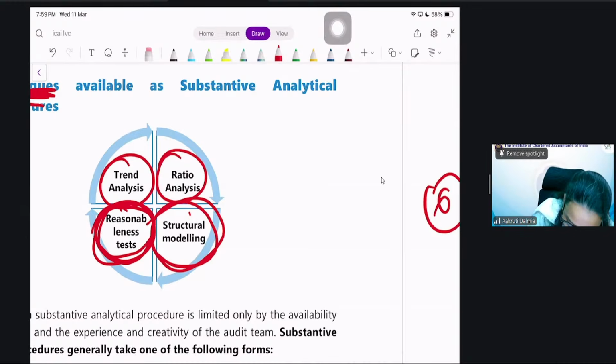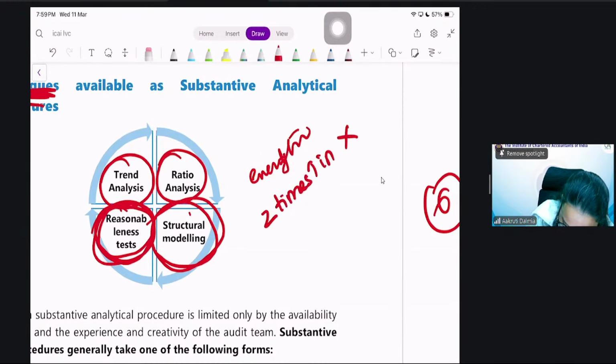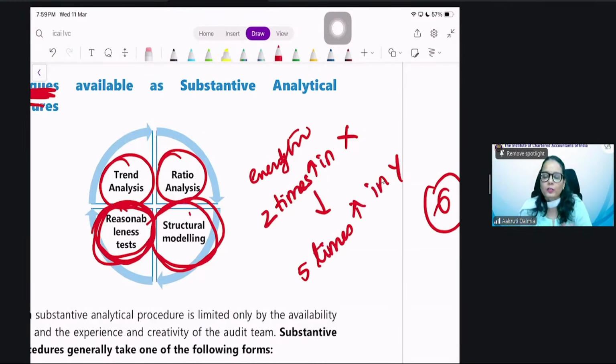So I say that every time there is a 2 times increase in X, it leads to a 5 times increase in Y. What is this called?